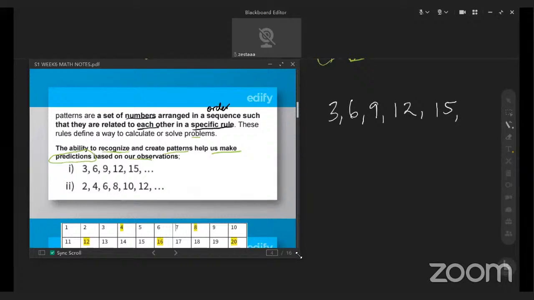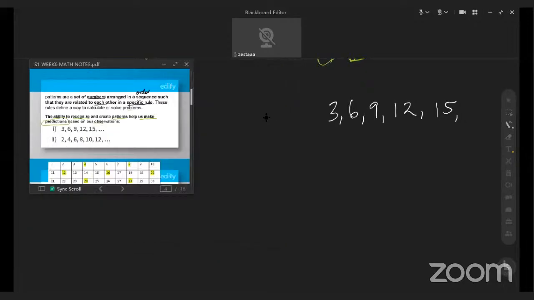If I started with 3, then they went to 6, then 9, then 12, then 15, you can now tell the next 2 numbers based on what you've seen here.